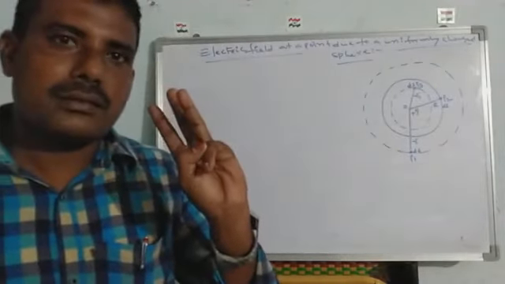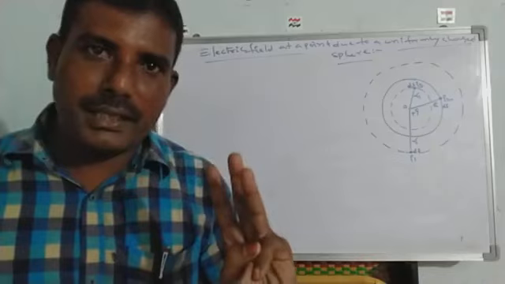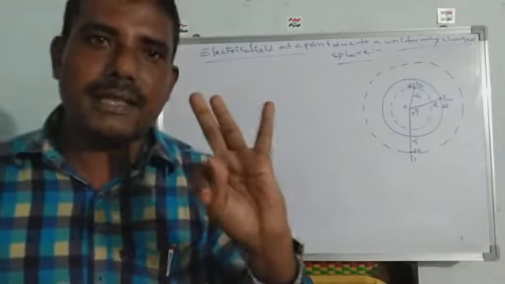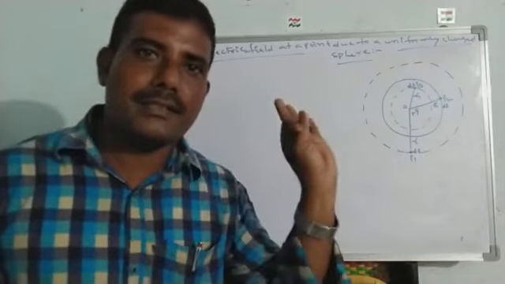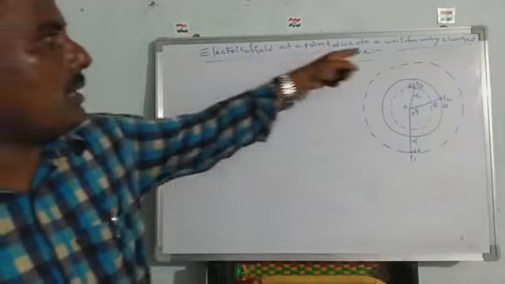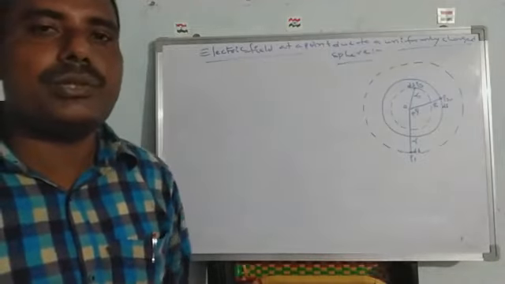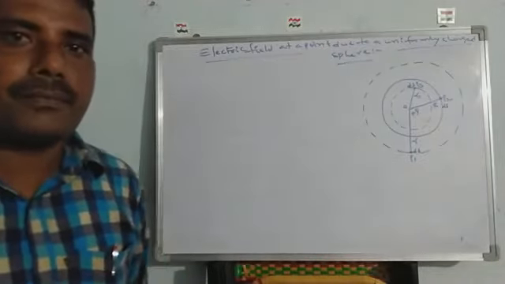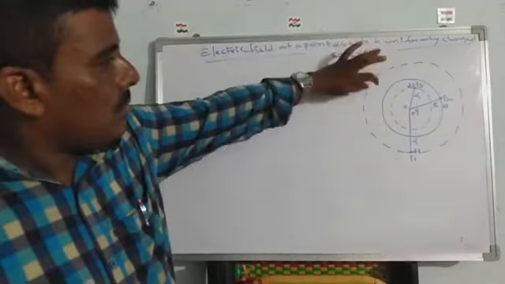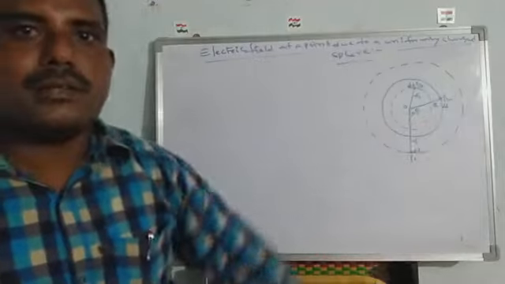That means outside of the sphere, on the sphere, inside the sphere. Three cases arise in that particular situation of a uniformly charged sphere. So that is discussed now.